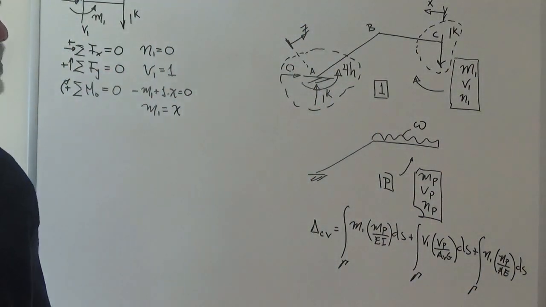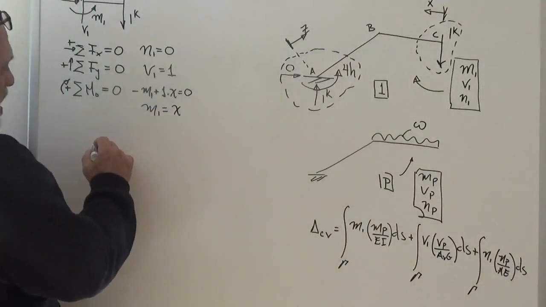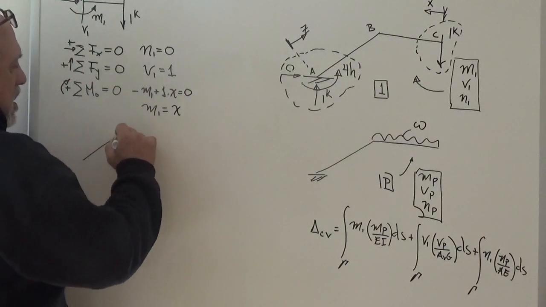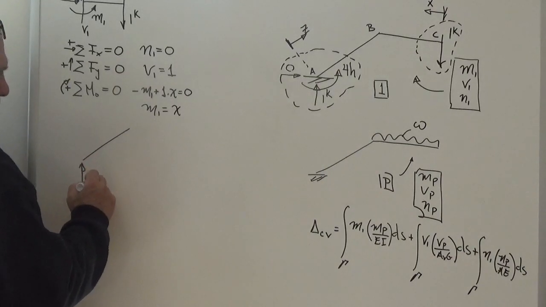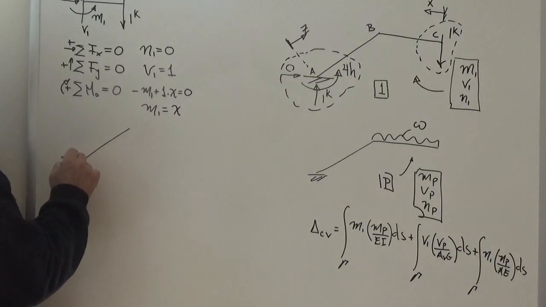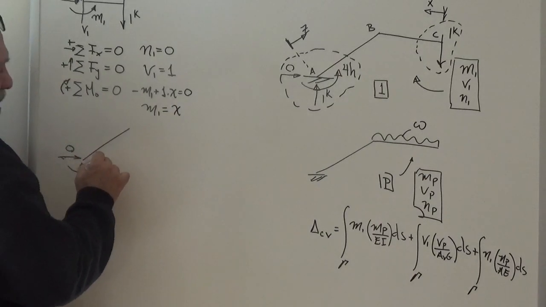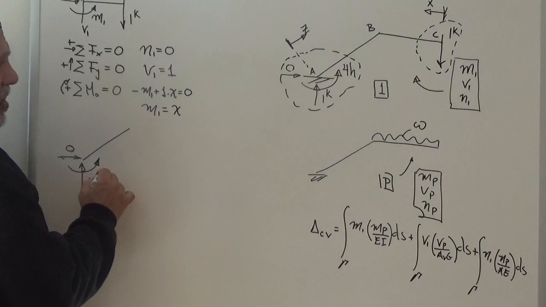So that bubble then looks like this. Over here there is a 1, there is a 0, and there is a moment of 4H.